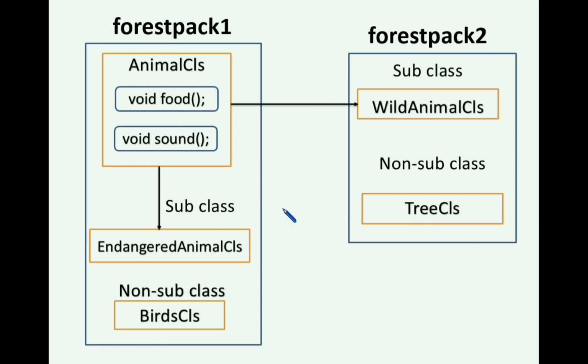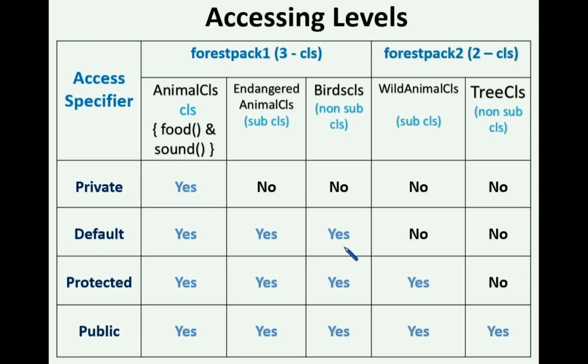Now we are going to see the accessibility level of the food and sound methods inside these subclasses, non-subclasses, other package subclasses, and other package non-subclasses. See this table. Forest Pack 1 is the same package, whereas Forest Pack 2 is the different or other package.